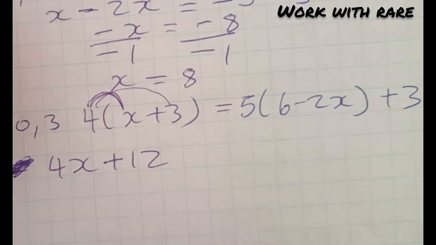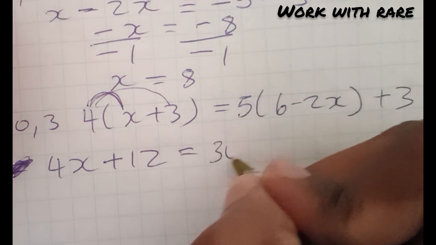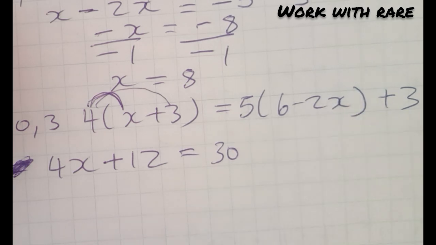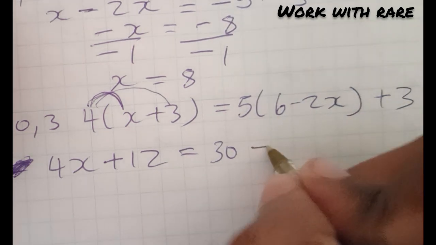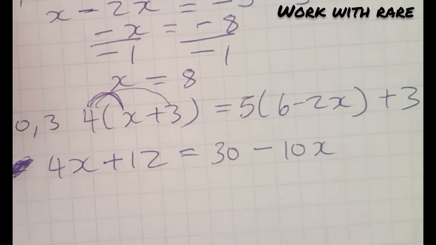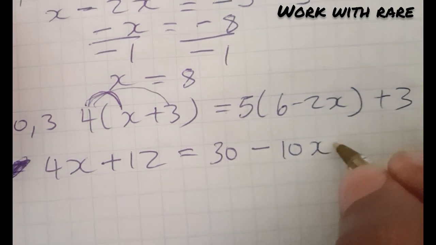Okay, so here we'll say is equals to 5 multiplied by 6 is 30. 5 multiplied by negative 2x is negative 10x, because a positive multiplied by negative is negative. Okay, and here we have 3.